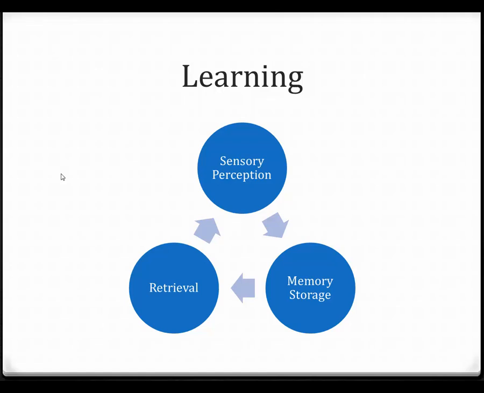Once that sensory perception is engaged, then it goes into what they call the memory storage. That's where we store what we've seen, what we've touched, what we've tasted, what we felt, what we've heard, and then we can retrieve. So we have the retrieval process. So then it just starts spinning again all the way around.